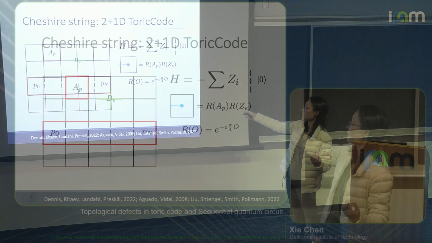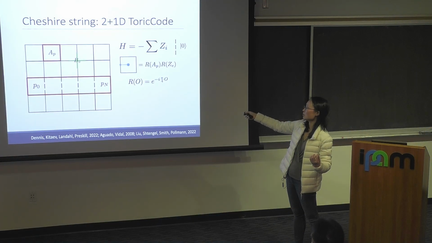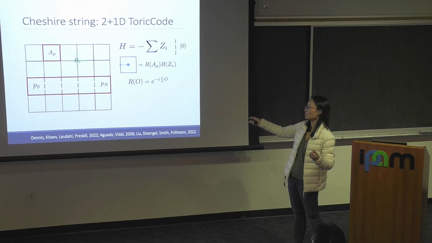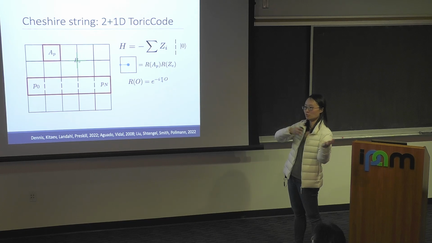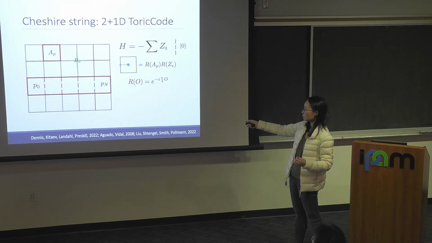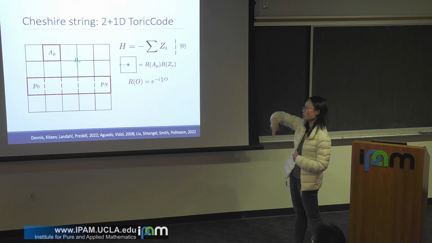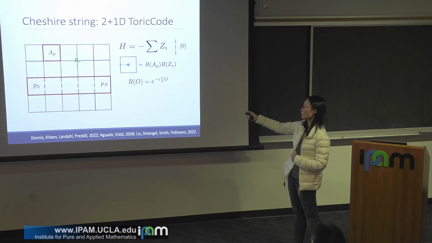And originally we had a ZZ, but now the ZZ is replaced by a single Z, because a single Z is generating a pair of charges. So this is just some operator correspondence before and after gauging. So very easily, once we have a circuit in the previous case, we can turn it into a circuit for generating the Cheshire string inside a two-dimensional toric code.